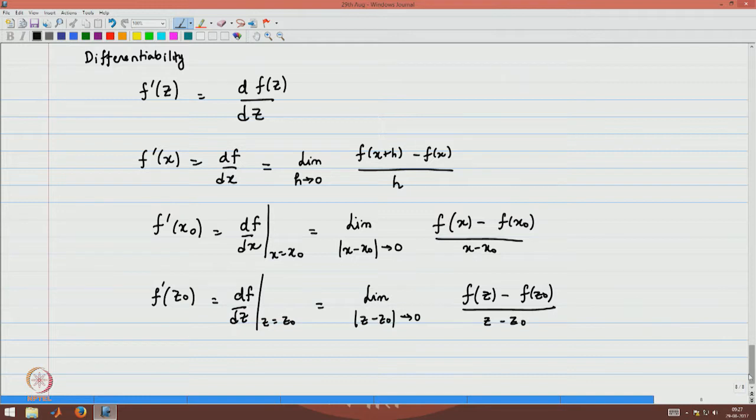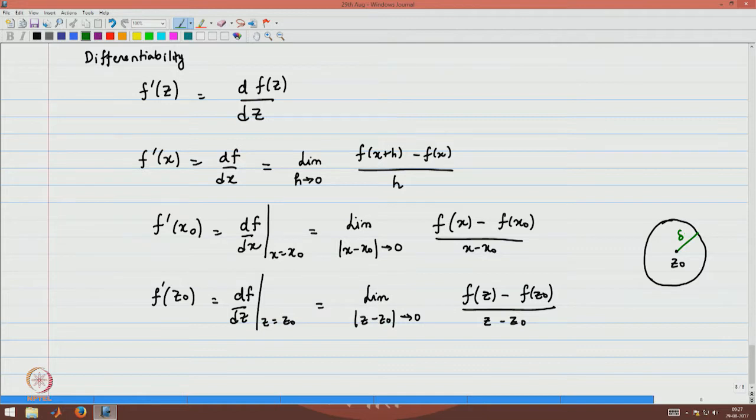Now if the derivative is defined, then it should be the same whichever direction you go. So if I have a point z 0 in the complex plane, then as I said, the modulus of z minus z 0 is less than delta. So this is my delta neighborhood.